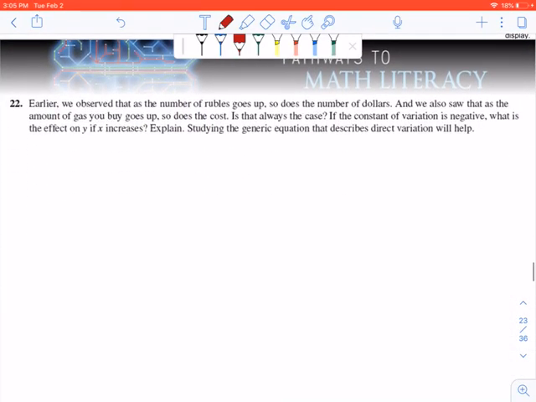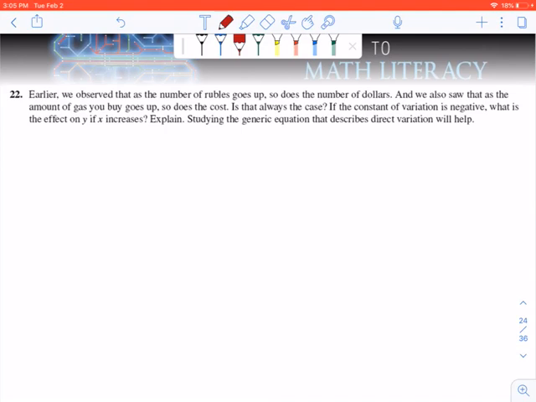All right, so earlier we observed that as the number of rubles goes up, so did the number of dollars. We also saw that as the amount of gas we buy goes up, so does the cost. Is that always the case? So if the constant of variation is negative, what will its effect on y if x increases? So let's look at our equation, y equals kx. If I made k negative, then as x is going up and getting bigger, the y value is getting smaller.